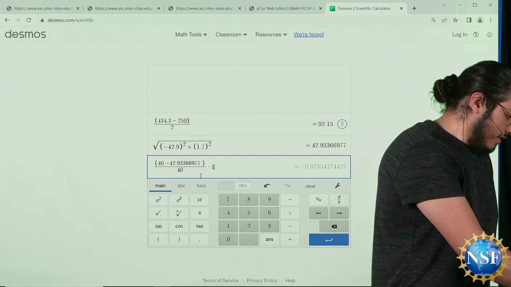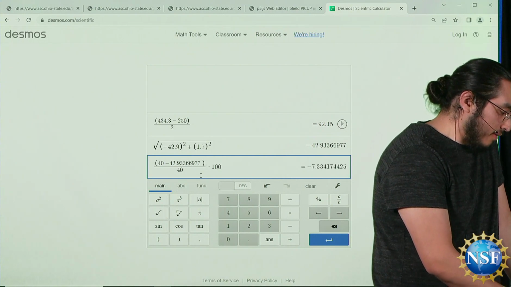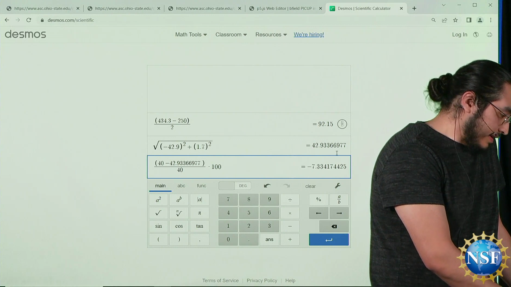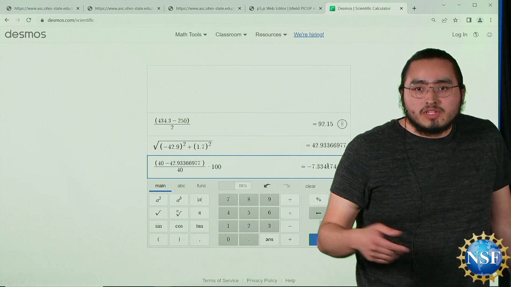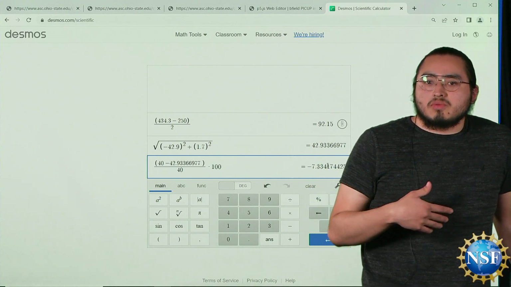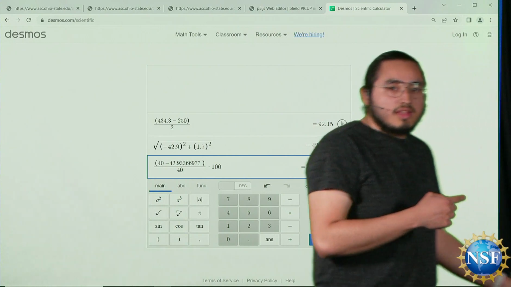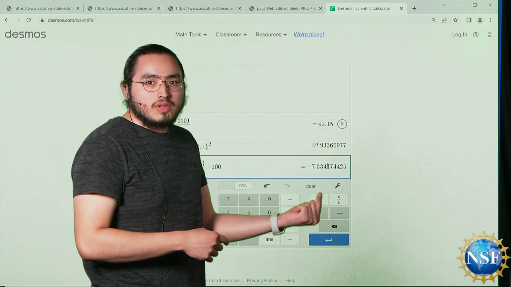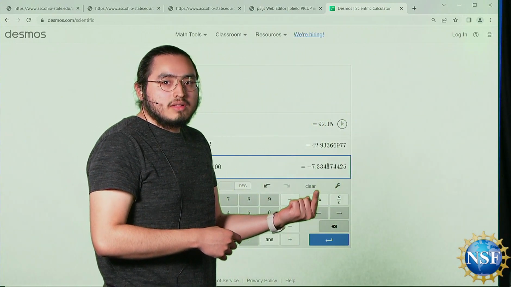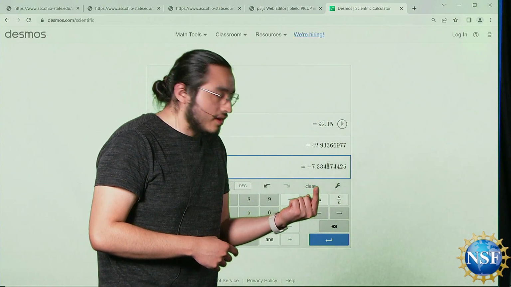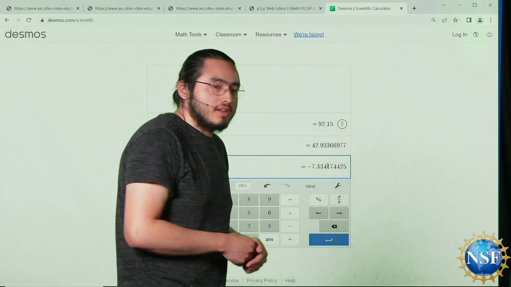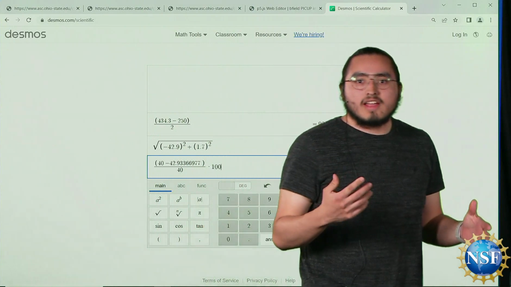To get percentage error, you can multiply that by 100. Later we say that when the accepted value is between plus or minus 10%, and here we get about 7.33%, which is all right.